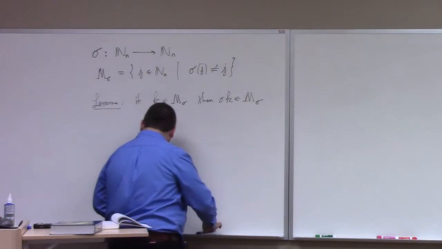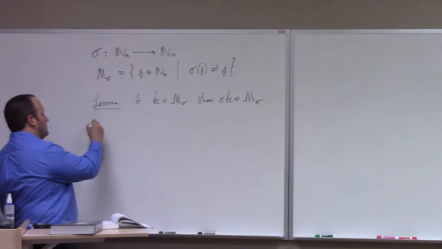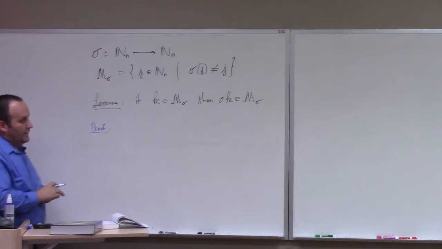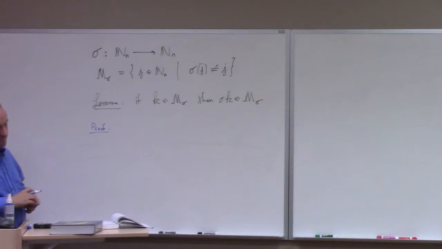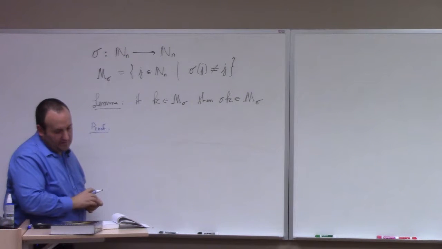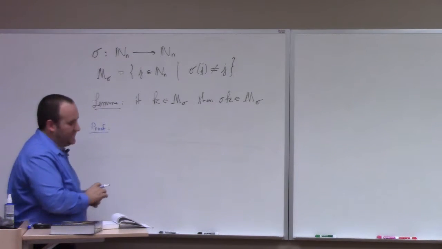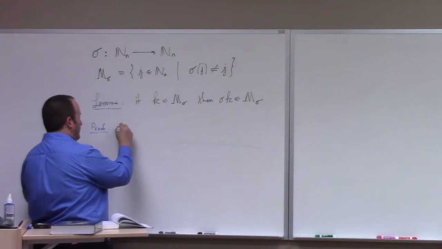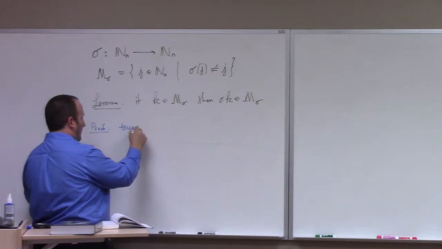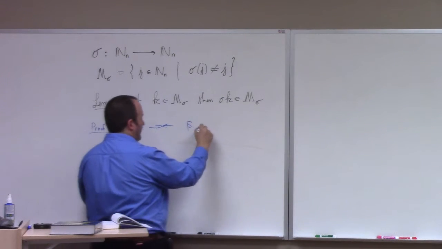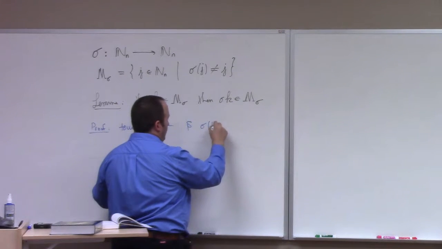So what's the proof? Let's see here. He says, suppose otherwise. Suppose there's a contradiction, right? Suppose that sigma of k is equal to k.